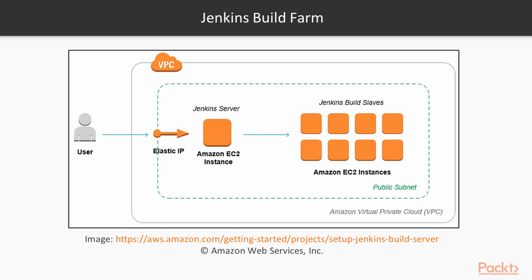Don't worry if you have never used AWS before. As we set up the Jenkins build farm, I will also introduce some of the AWS jargon that you can see in this diagram, things like VPC, EC2, etc. This is the end of this video, where we described the master-slave architecture and had an overview of what we are going to build in this section.